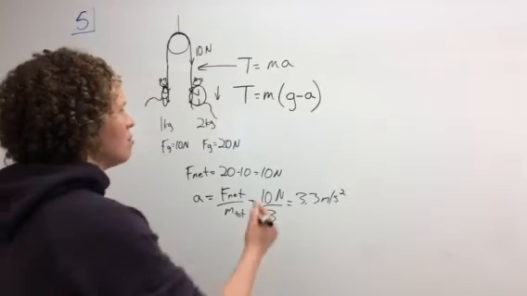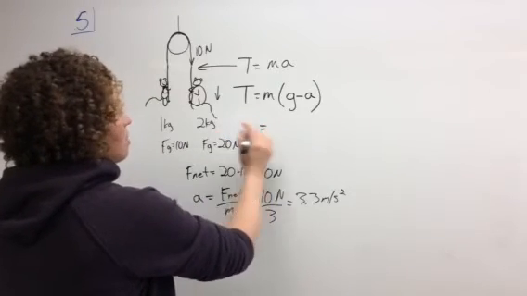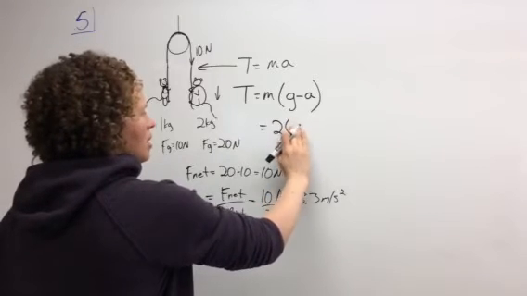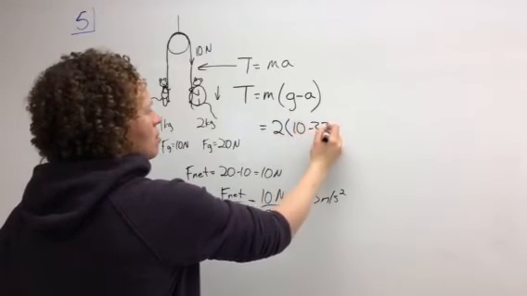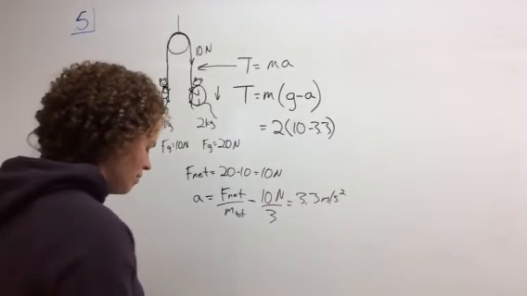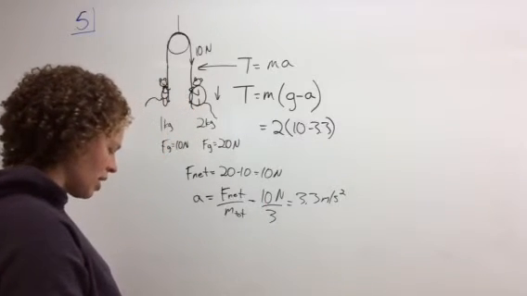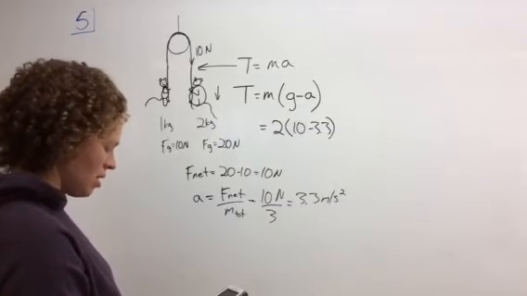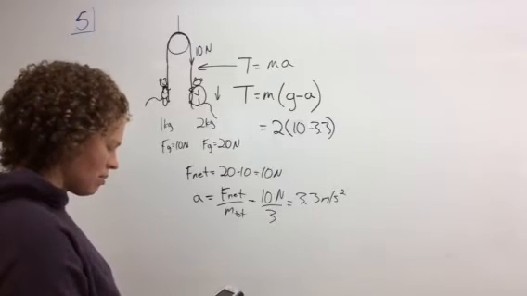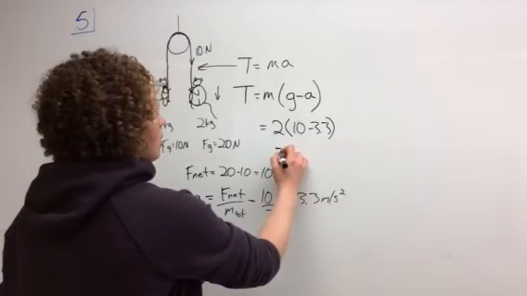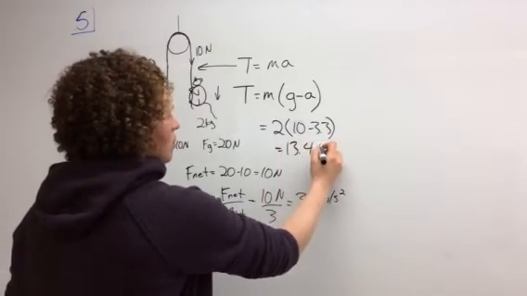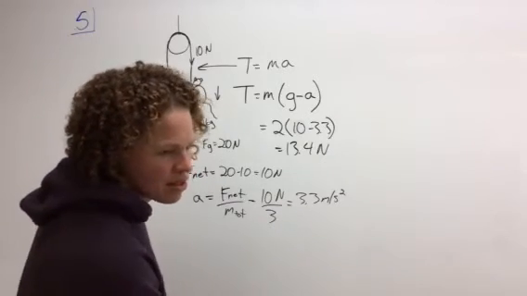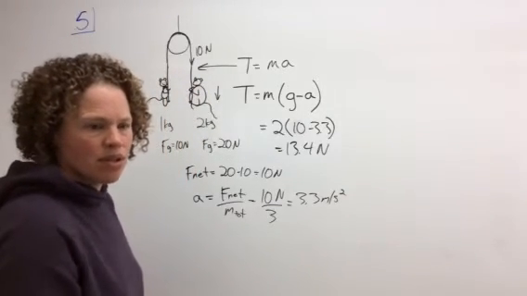I don't know if that makes sense, but his mass is 2 kilograms, and, sorry, not 9.8 in this case, it's 10 minus 3.3. So I use my calculator, and 2 times 10 minus 3.3, which is 6.7, is about 13.4 newtons. And your book has 13 newtons because they rounded off, because they're using significant digits.